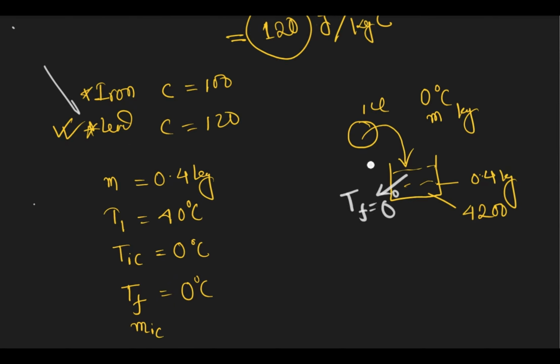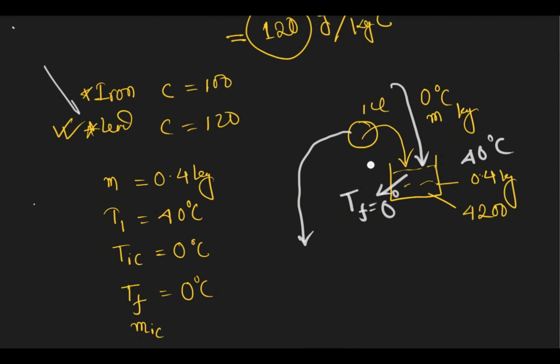It means we have to make iced water. The temperature of water is 40 degrees Celsius, and indeed we have to add ice. So this water will become ice water and the temperature will be 0 degrees Celsius. What is happening here is that the ice will be melted.